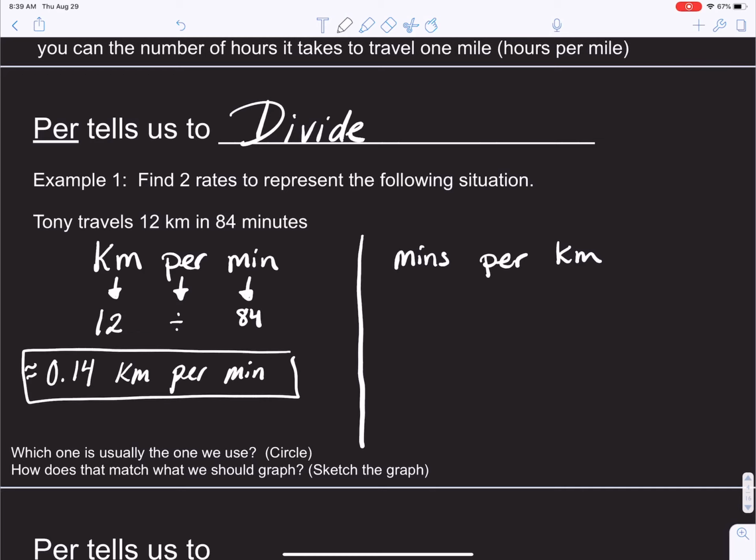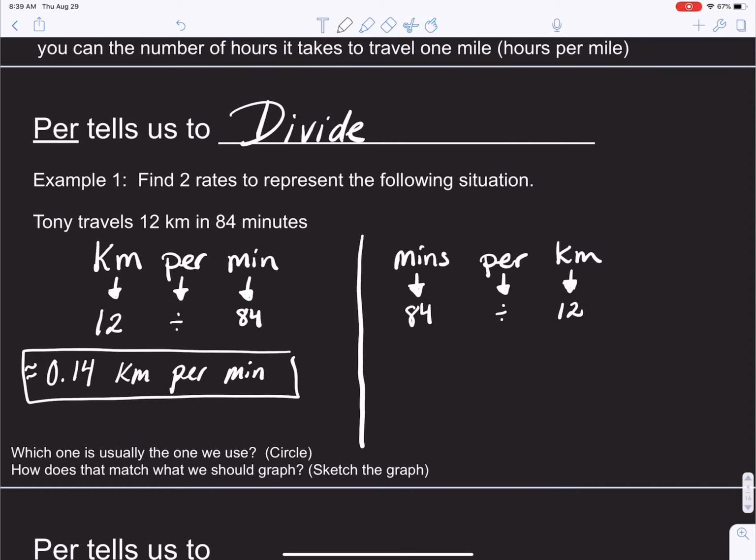Then if I were looking at finding minutes per kilometer, again, the number of minutes in this case is 84. Per, again, is the keyword to divide, and the number of kilometers in this case is 12.